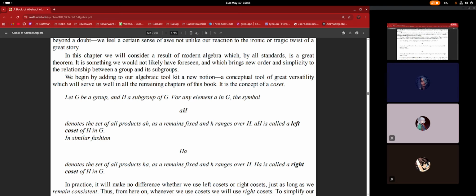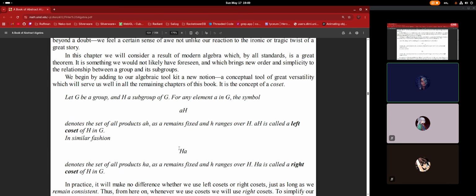But okay. Let G be a group and H a subgroup of G. For any element A in G, the element AH denotes the set of all products AH as A remains fixed and AH ranges over H. AH is called the left coset of H in G. So we're essentially going to apply the operation on the subgroup, fixing the A, but it's important to remember that A is any element of G, of the bigger group, right?